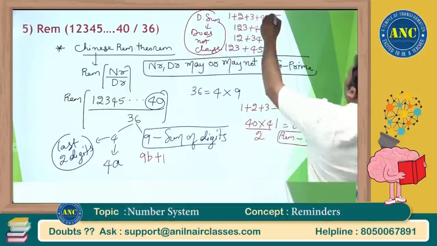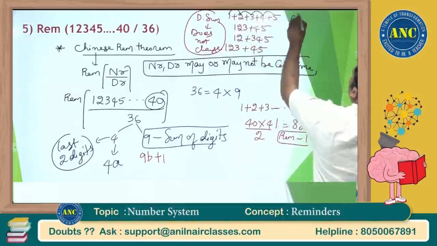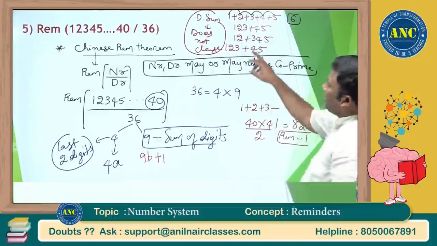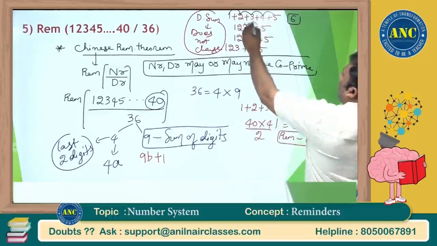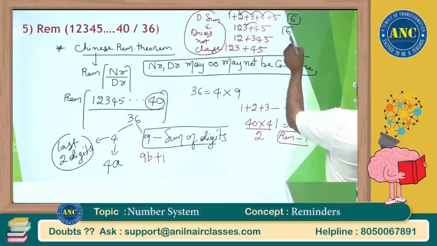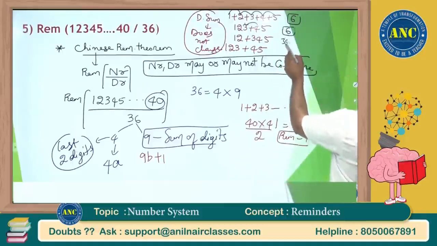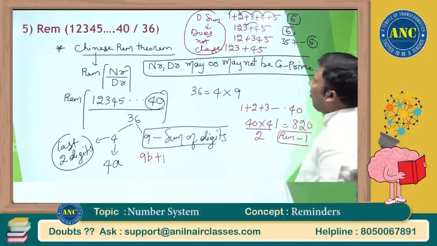Check it out. 5 plus 4 is 9, 12, 14, 15. The digital sum of 15 is 6. 123 plus 45 is 168, and the digital sum of 168 is 6. 345 plus 12 is 357, again the digital sum is 6.